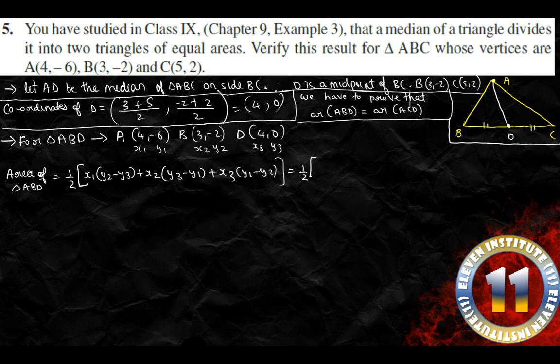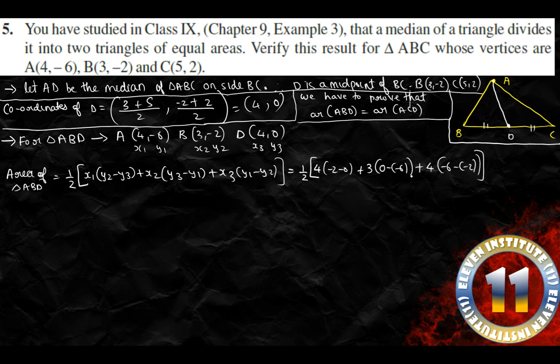So we have half into the bracket we have x1, તો x1 એટલે 4, બ્રેકેટમાં છે y2 minus y3, તો -2 -0 plus x2, x2 is 3, into the bracket we have y3 minus y1, so 0 and -6, તો અહીંયા આવી જશે 0 -6. Then we have x3, so x3 is 4, right. y1 minus y2. So minus 6 and minus 2. Minus 6 minus 2. Right?